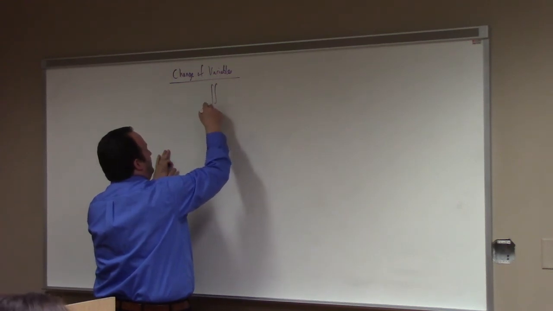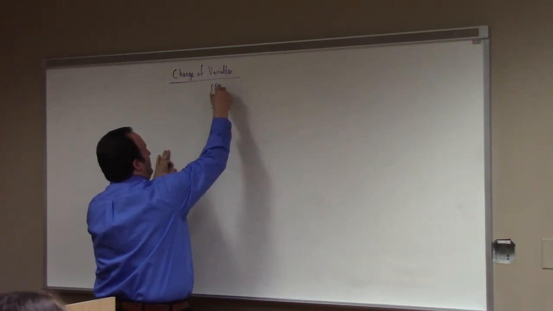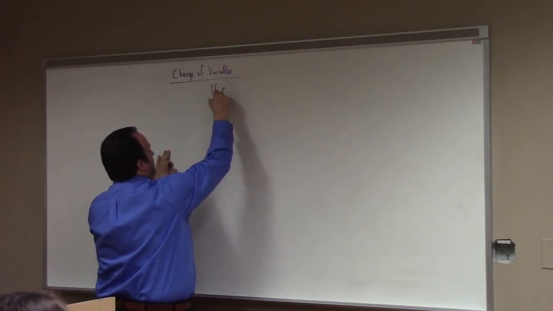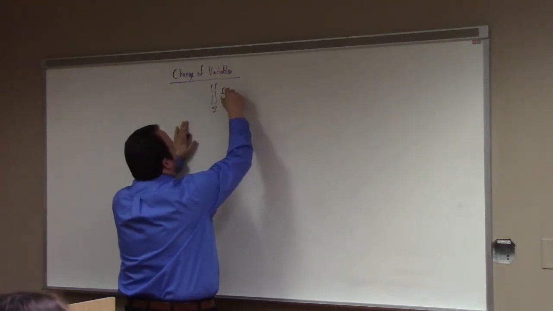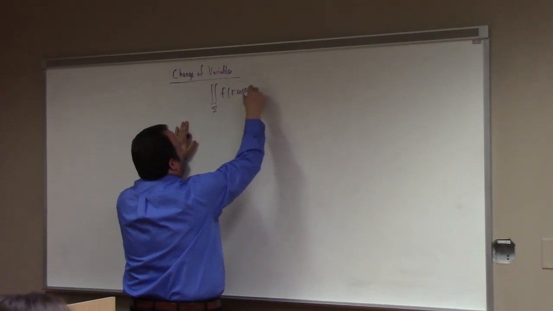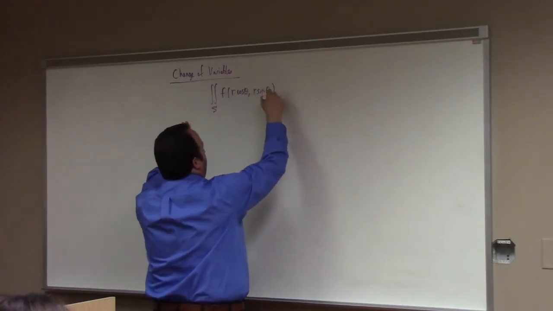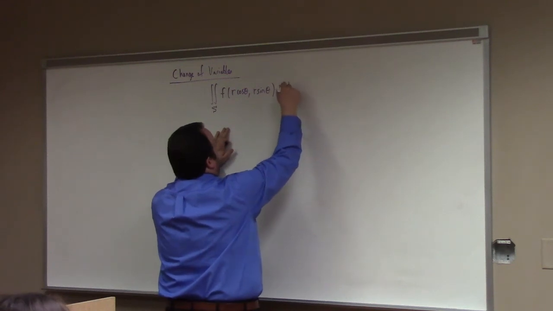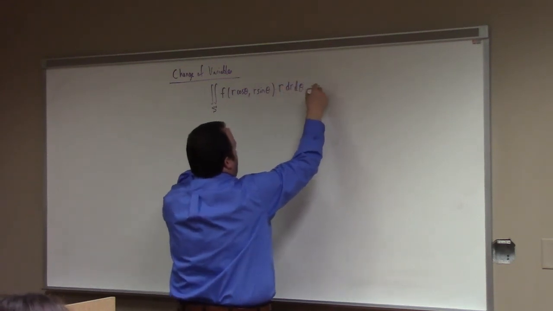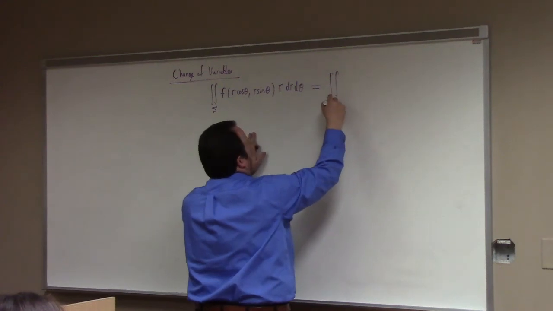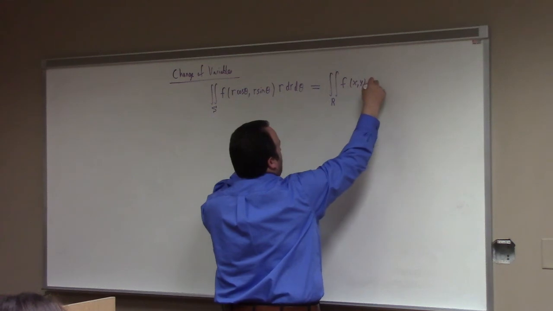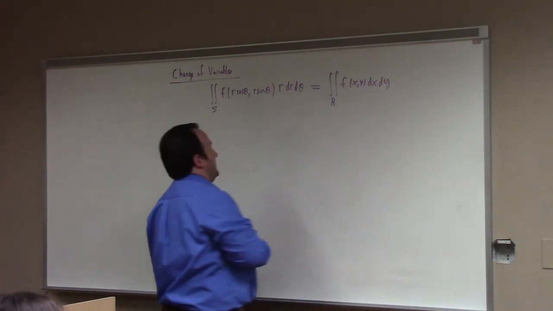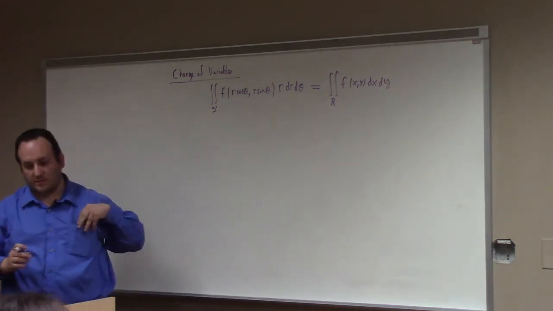If we take a region, let's say S, which is written in terms of polar coordinates, and we integrate f of r cosine theta, r sine theta, times r dr d theta, allegedly that will be equal to the integral over the original region of f of x comma y dx dy. So this is the change of variables theorem for polar coordinates.